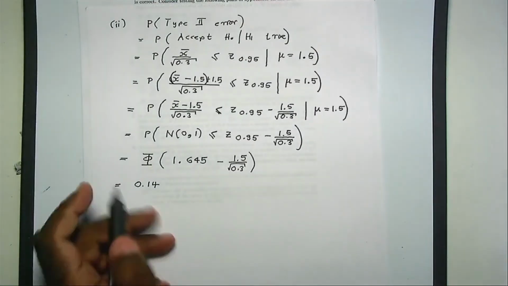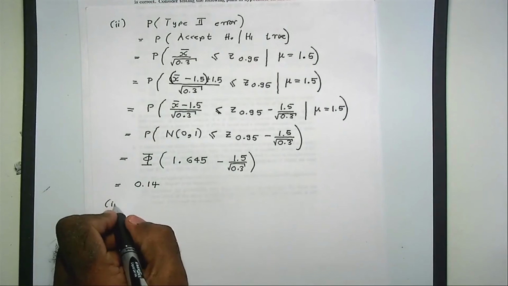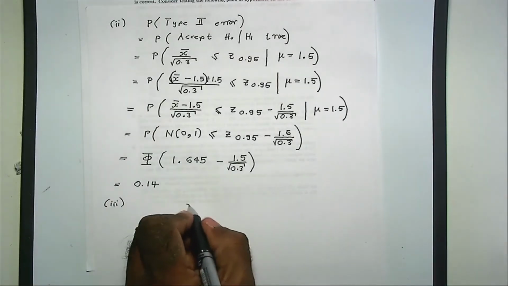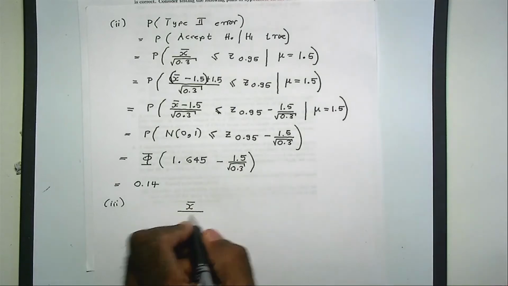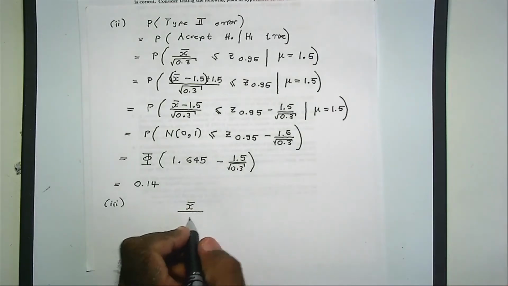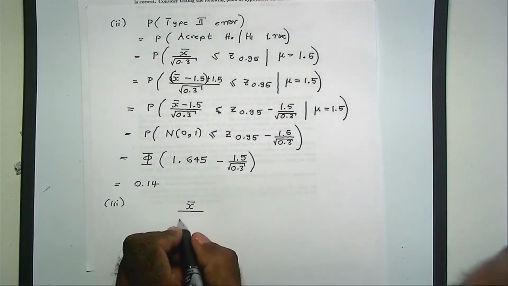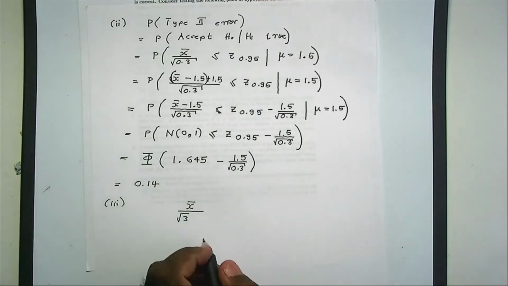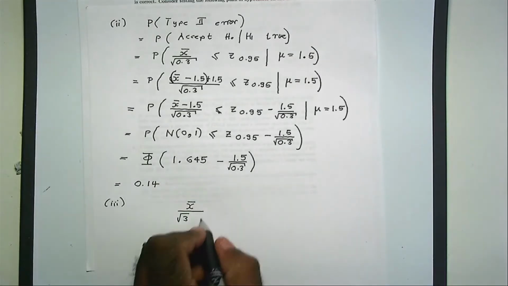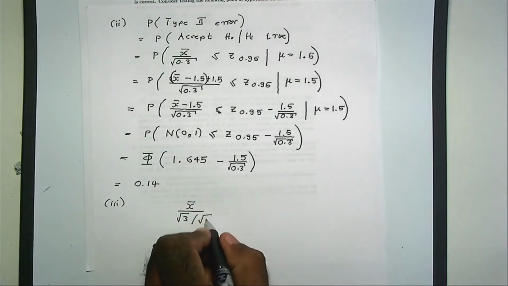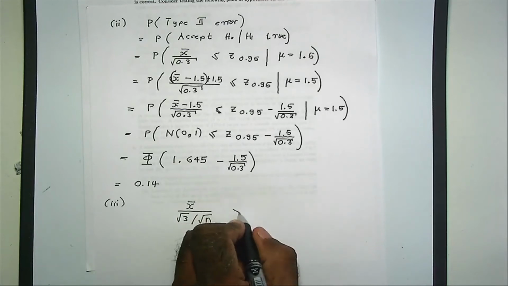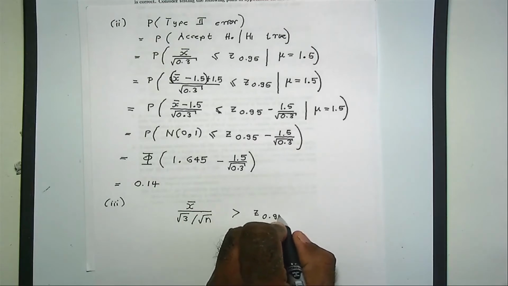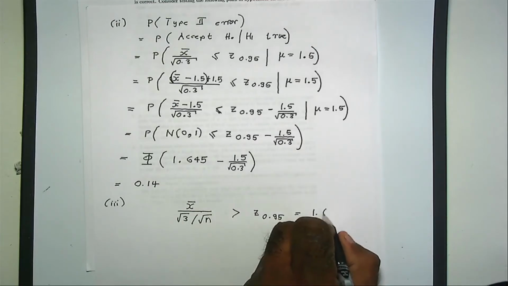So to do part 3, we need to find n such that x bar divided by root of 3 divided by root of n is greater than z 0.95, which is 1.645.